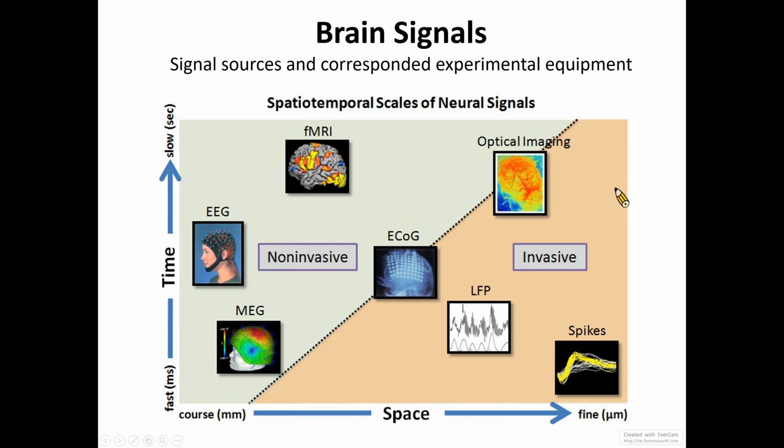For example, we can attach electrodes inside the brain, usually for patients with epilepsy, to find out which brain region, the epilepsy focus, we should remove. We can also do optical imaging and electrophysiological studies. These are invasive measures. But for dementia, usually we just focus on non-invasive tools such as the functional MRI, the EEG, and the MEG.